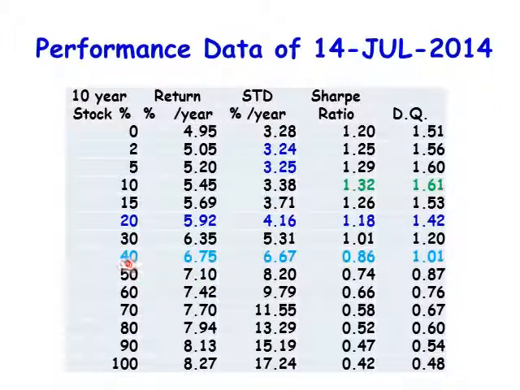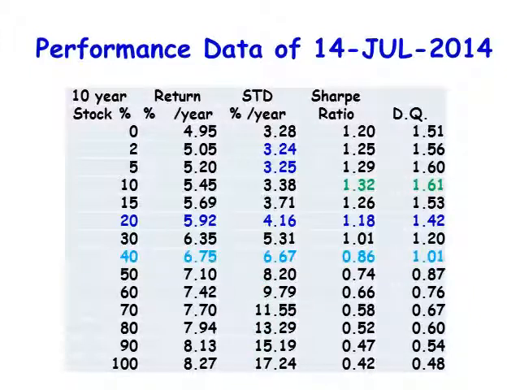And at 40% allocation of stocks, return is still higher than the standard deviation. When you go further up, with more allocation, returns go up, and so does the standard deviation, and standard deviation goes up a lot faster.